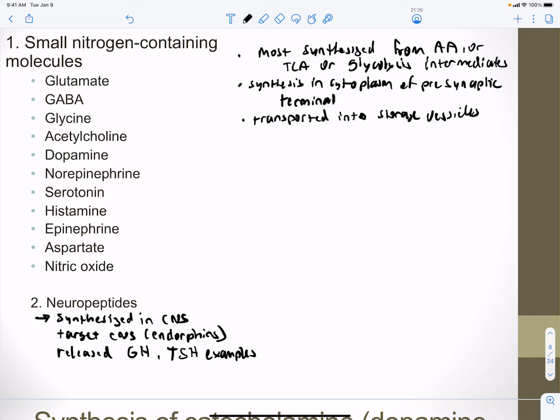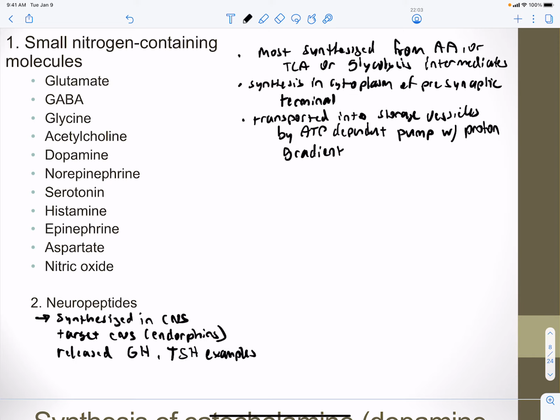And this is always going to be linked to a proton gradient. So similar to all of the other ones, you have to create a gradient. You're going to have one pump that does the pumping in and another pump that's actually creating the gradient. So that's going to be the same.